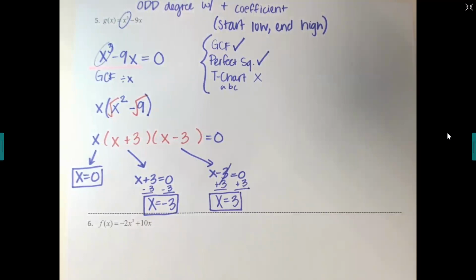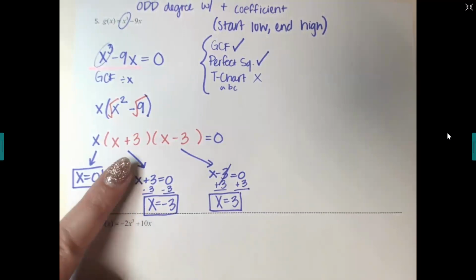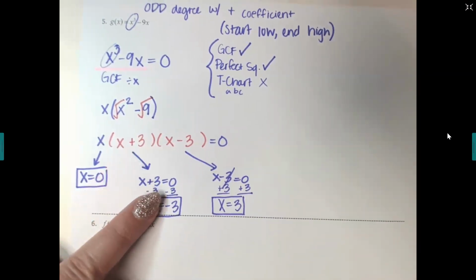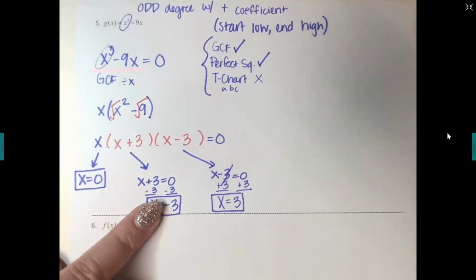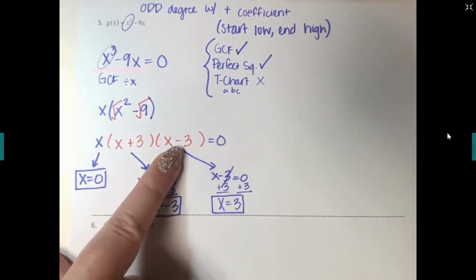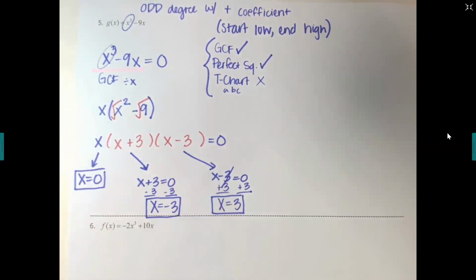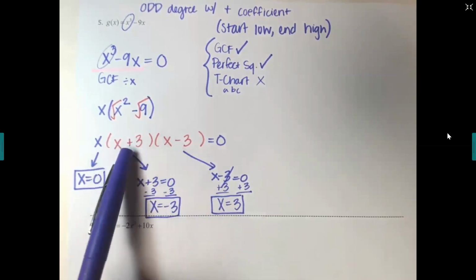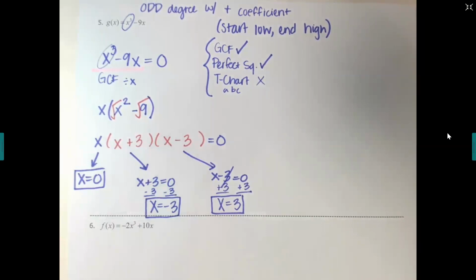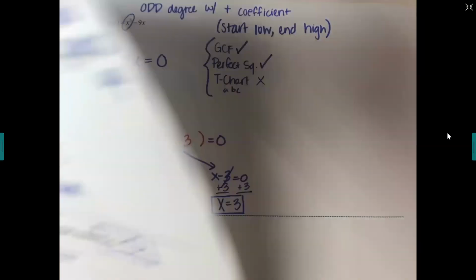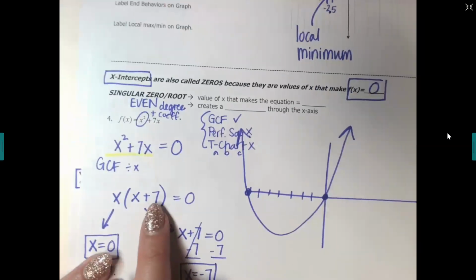One thing I do want you to notice is that if you have a parentheses like plus 3, you see how the answer just comes out to be negative 3? Or if it starts off as a minus 3, it'll switch to a plus 3. So pretty much the answer that you get should be the opposite of what you had before. Even on the example before that, do you remember how this one said x plus 7?